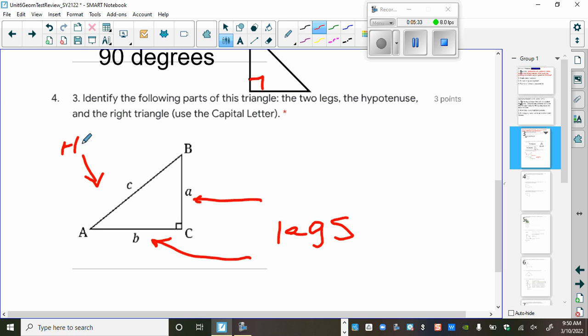Remember, and why is C the hypotenuse? Who could tell? It's across from the right angle. So here's your right angle.